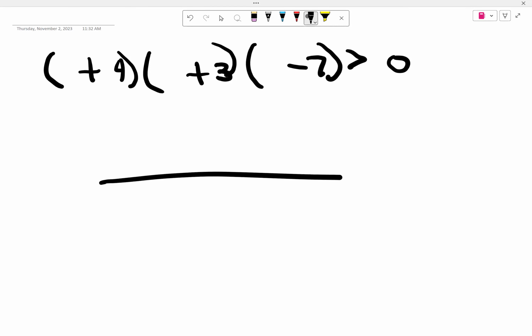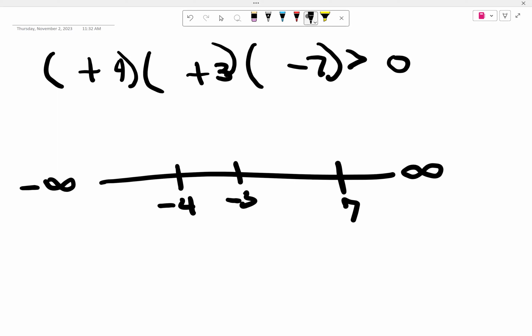And once again, think of our number line. Here's -infinity, positive infinity. I'm looking at -4, -3, and 7. And as I said, I had chosen -5, which we said is a bust, so I'm not going to worry about that. There's a 0 here.